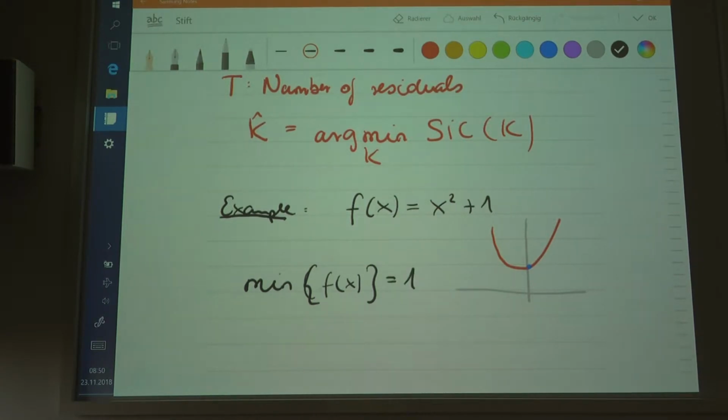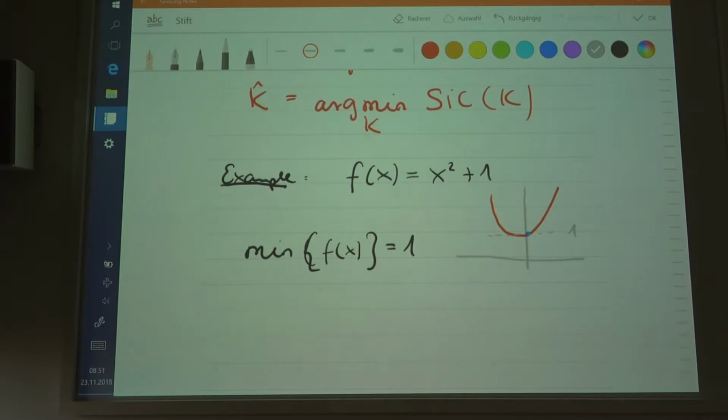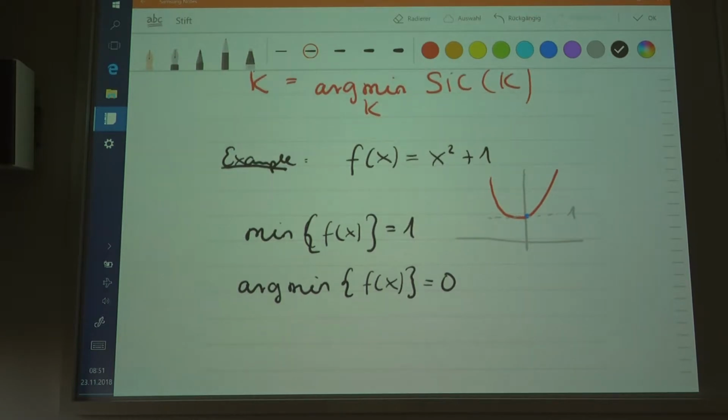But this is not the value that you should put into the function to get the minimum. The argmin is the argument that minimizes the function, and that is 0, because you have to put 0 into the function to get the minimum of the function.